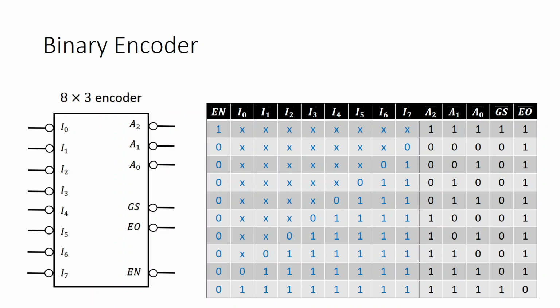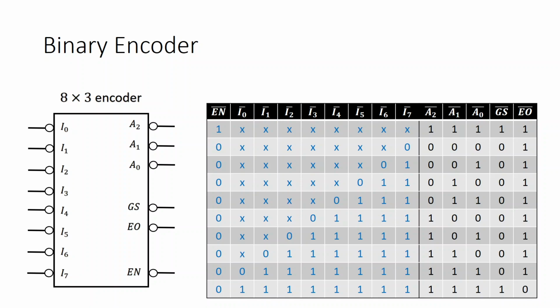So the last slide here is the binary encoder. So we have studied the decoder. Encoder is just the opposite. In decoder there were the binary inputs coming, and one of the outputs, which is the decimal equivalent of that binary word, was getting activated.